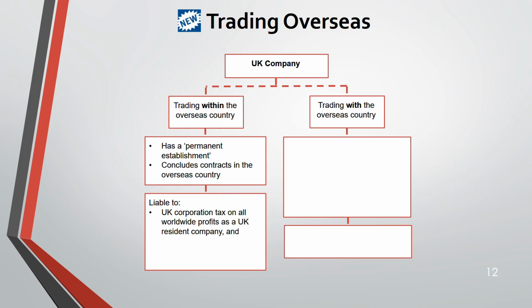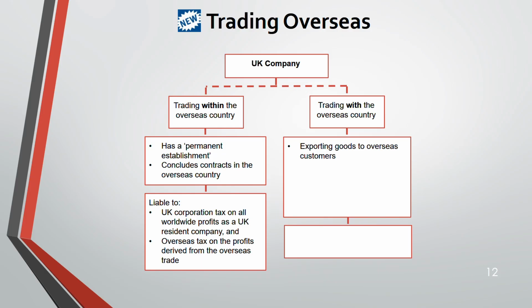You are liable to UK corporation tax on your worldwide profit. Why? You will be taxed as a UK resident and also taxed overseas on the profits derived from the overseas trade. Not only that, you will be liable to overseas tax as well on the profits that you have derived in the overseas trade. UK tax as well as overseas tax.